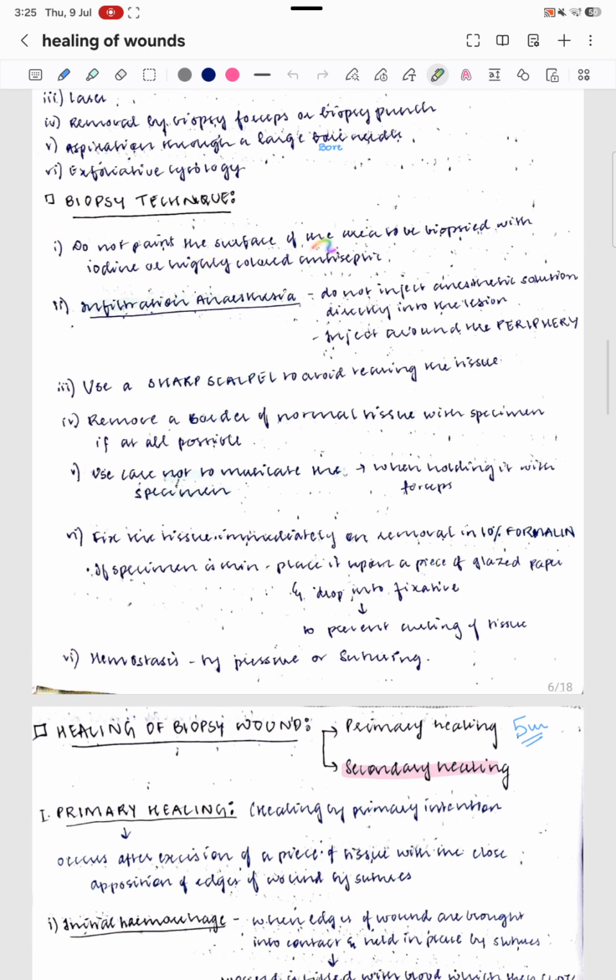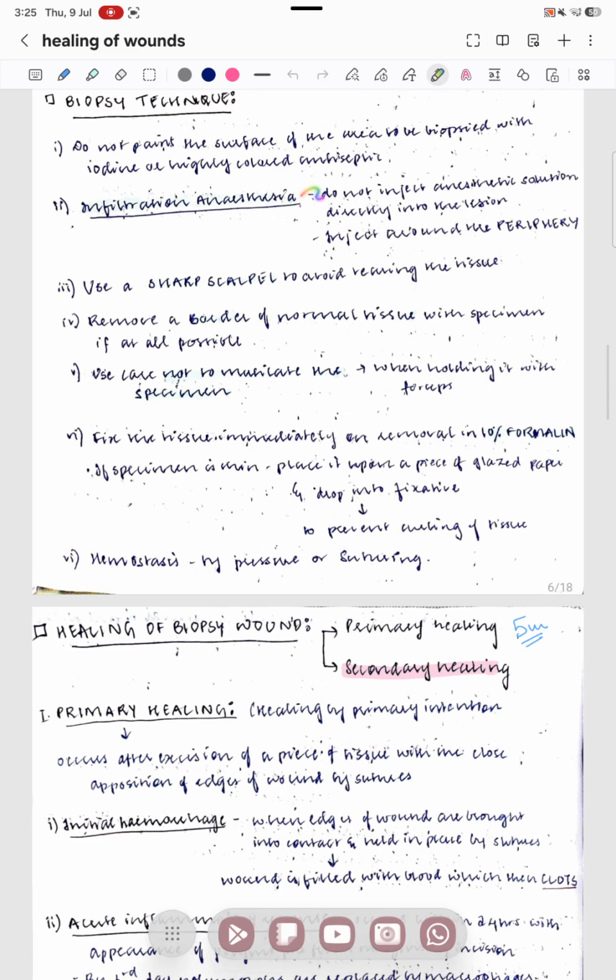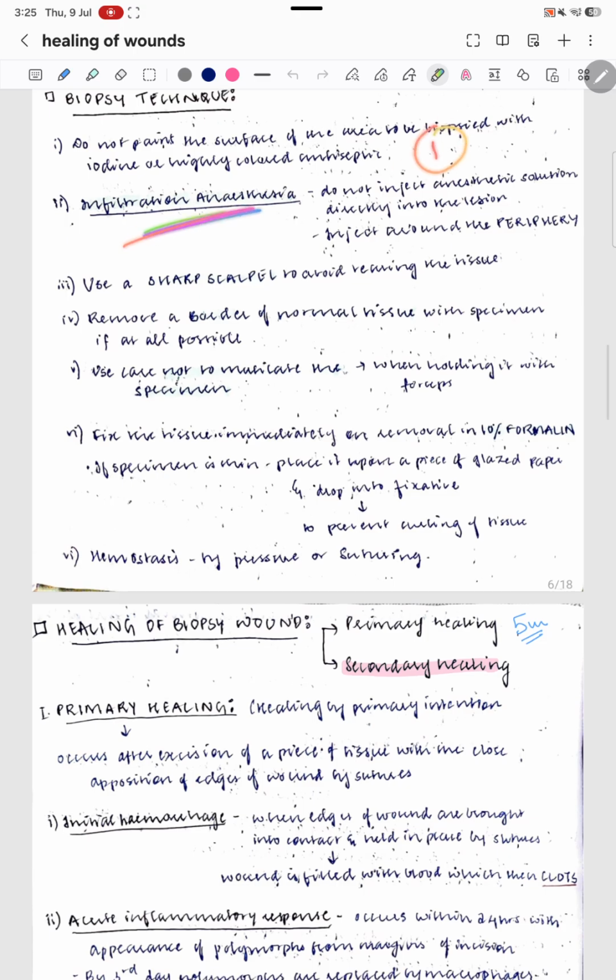Do not paint the surface of the area to be biopsied with iodine or a highly colored antiseptic. Rather, the first step is to infiltrate the anesthesia.